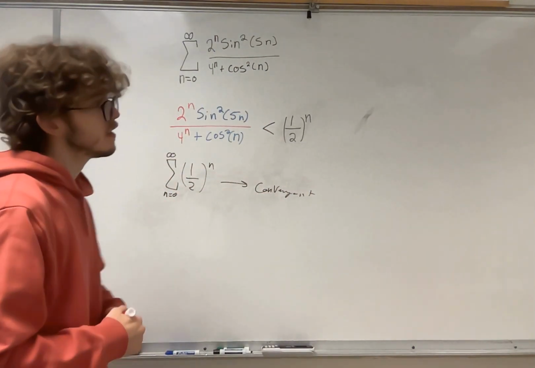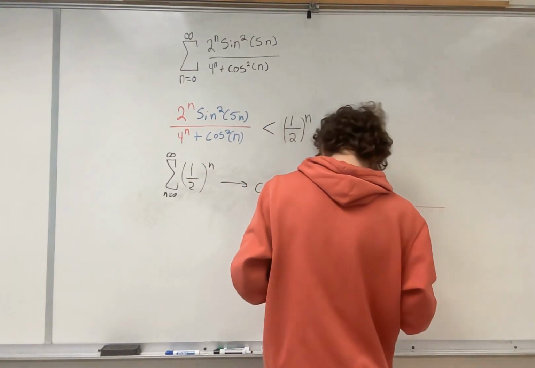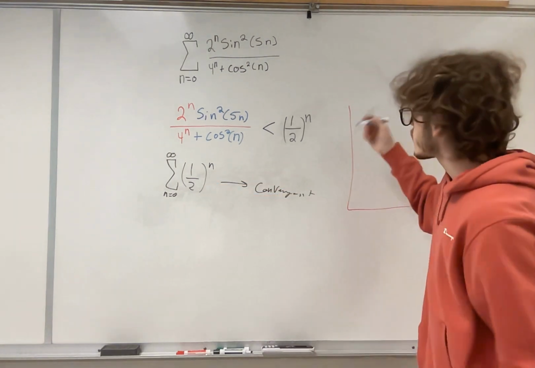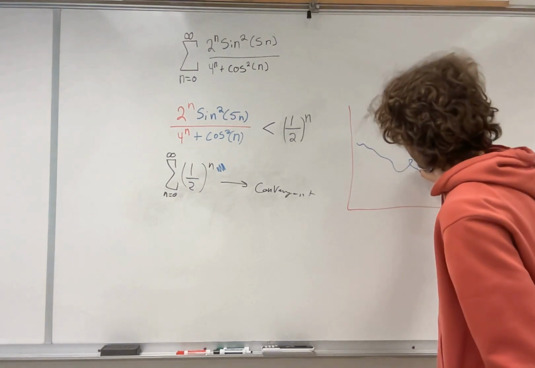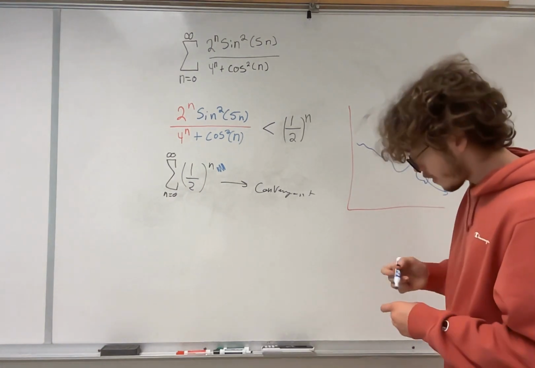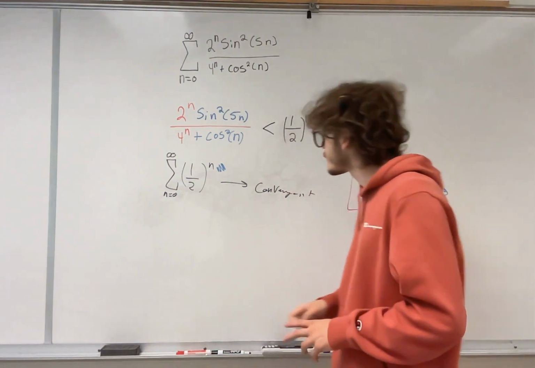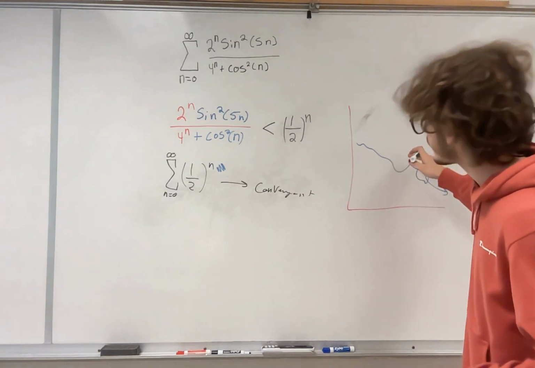Now what this says for this series here is, if I draw a graph, imagine this series I'm going to plot as blue. This series is going to do something, maybe loop around, but it's going to converge to a singular number. However, this series we know is less than our top series.